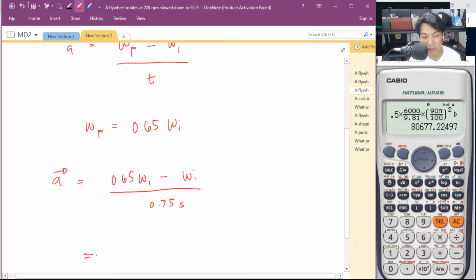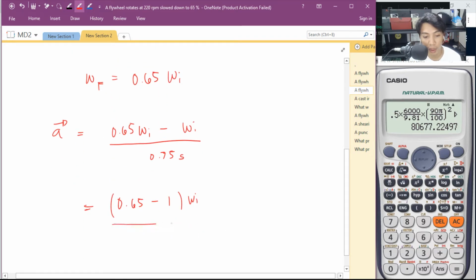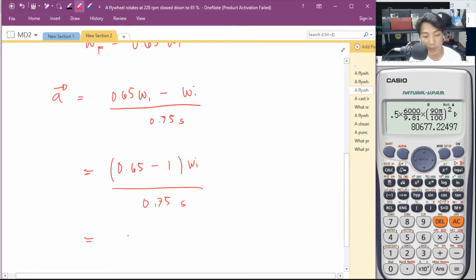Now, we can solve for the value. 0.65 minus 1, ilabas natin si Wi. I-factor out natin. Divided by 0.75 seconds. Further solving, 0.65 minus 1. Tama lang yan, negative kasi deceleration rate.